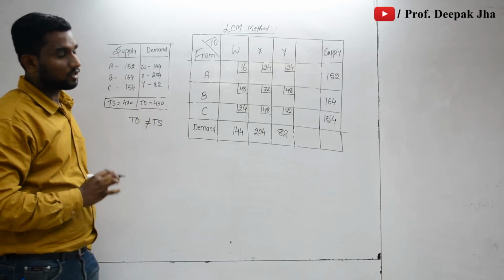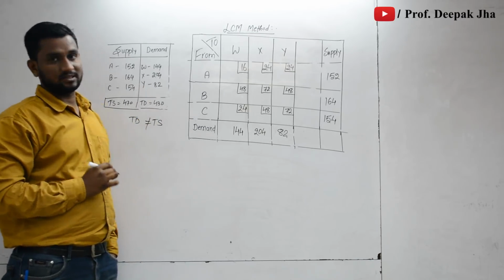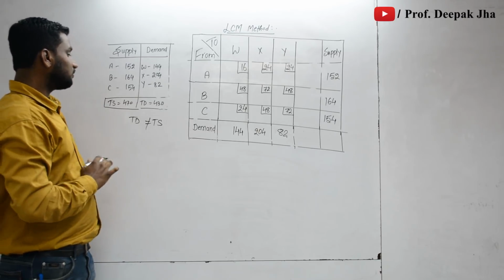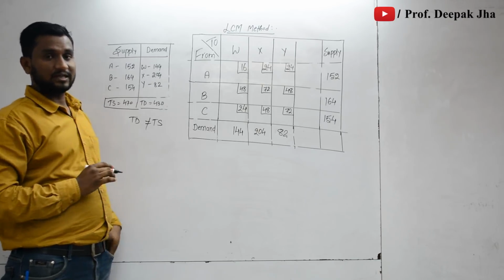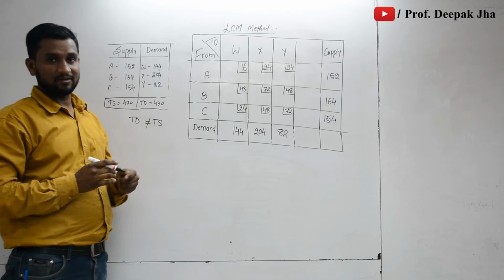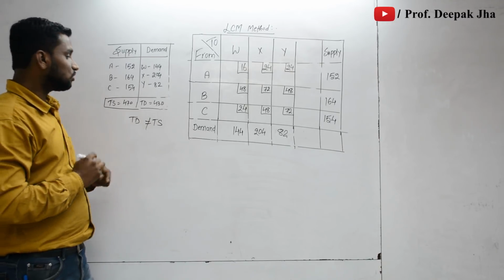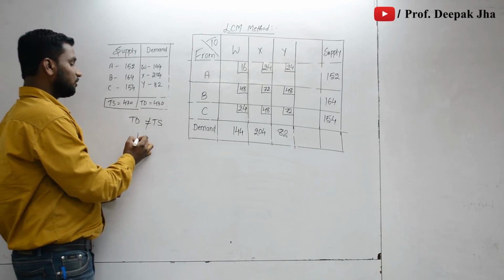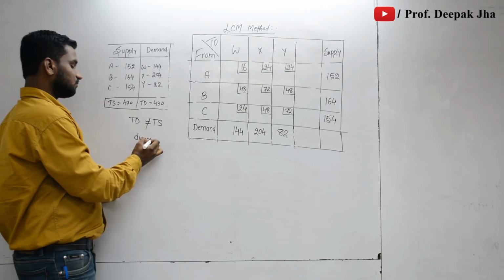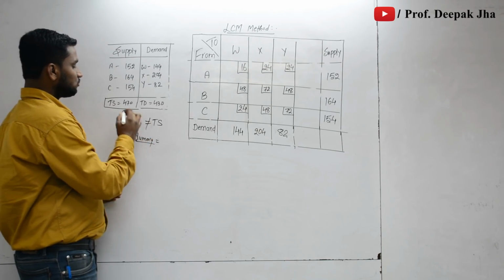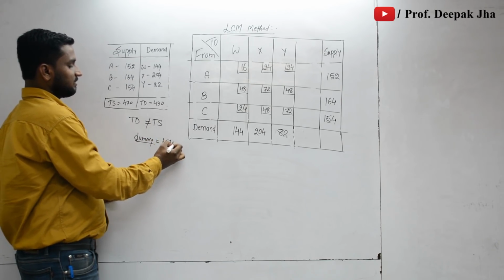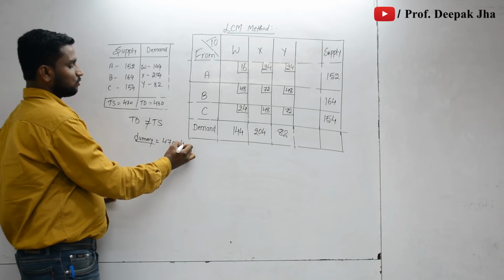In that case we have to make them equal, because unless demand equals supply, we cannot solve the sum. So what you are supposed to do is introduce a dummy. The excess is the total supply of 470 minus the demand of 430.